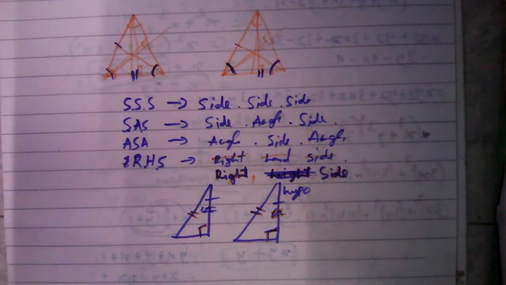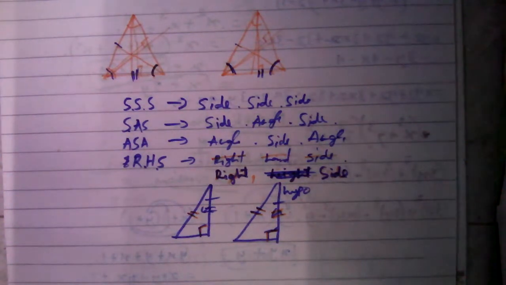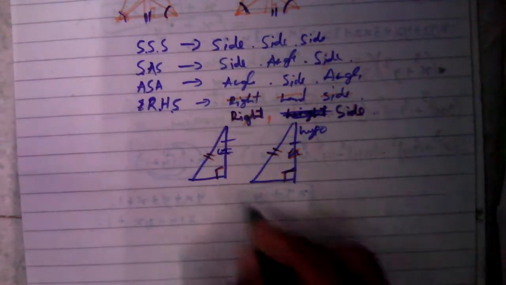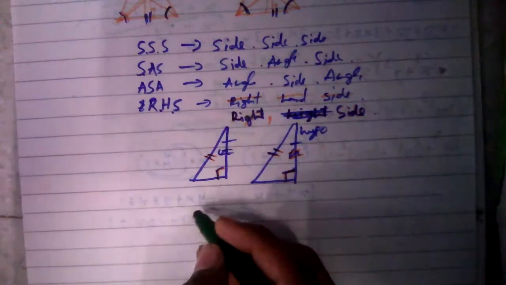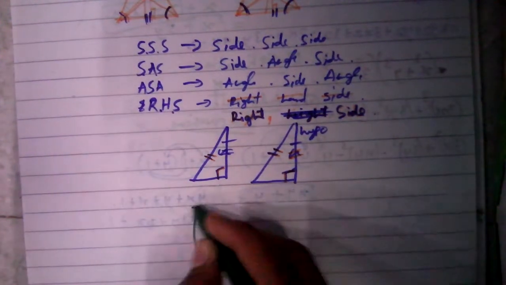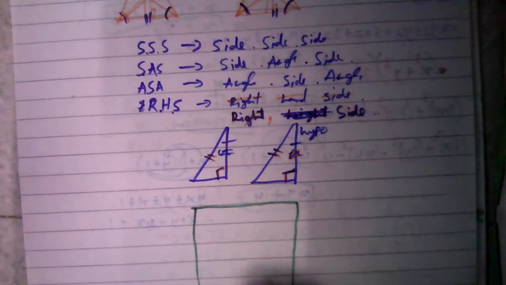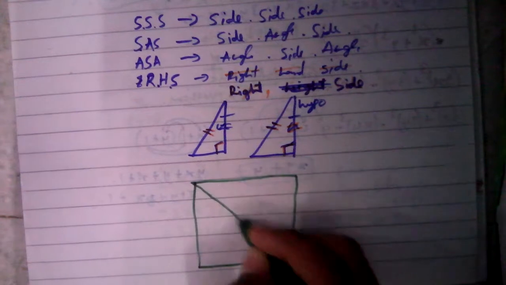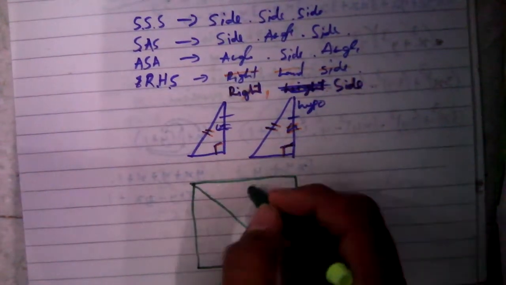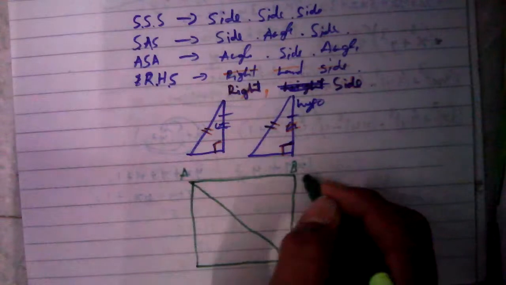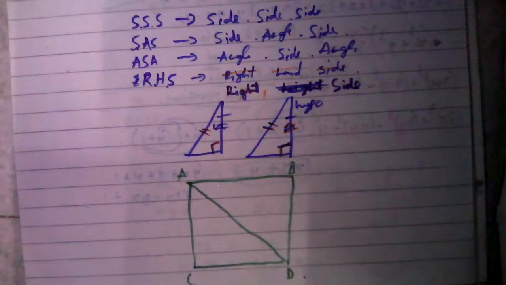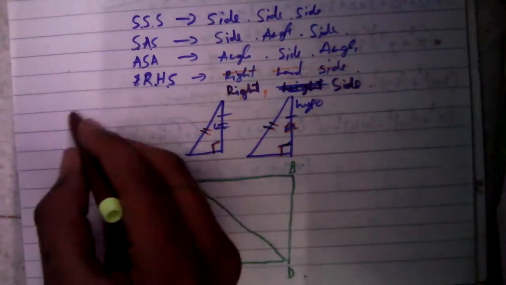Now let us see some examples. Wait, let me draw a figure. Okay, I'm ready with the figure. This is square ABCD, and before that I'm going to introduce you to the symbol of congruency.